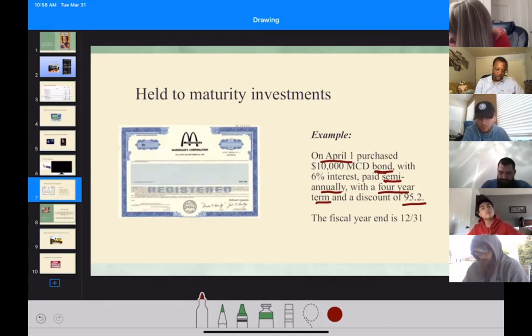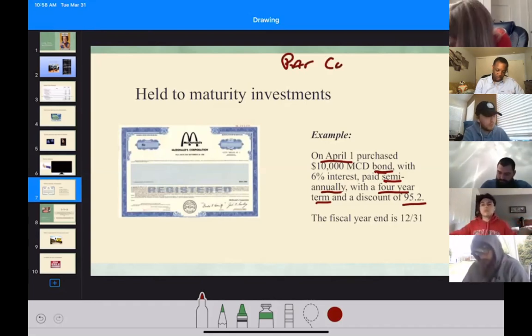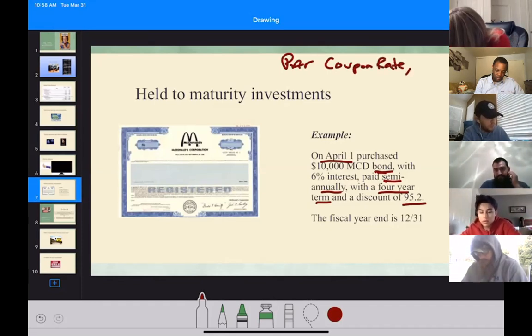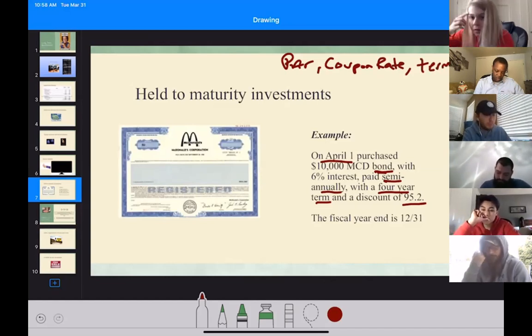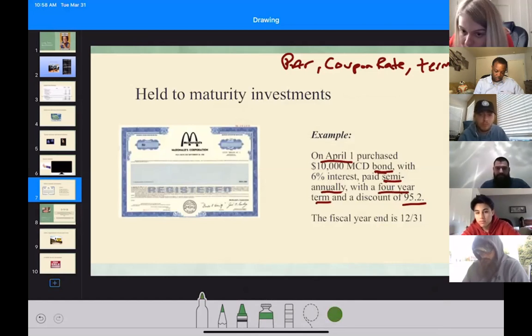So we want to figure out what's the par, what is the coupon rate, what is the term, and what is the price. So let's see, what's the par? 10,000.